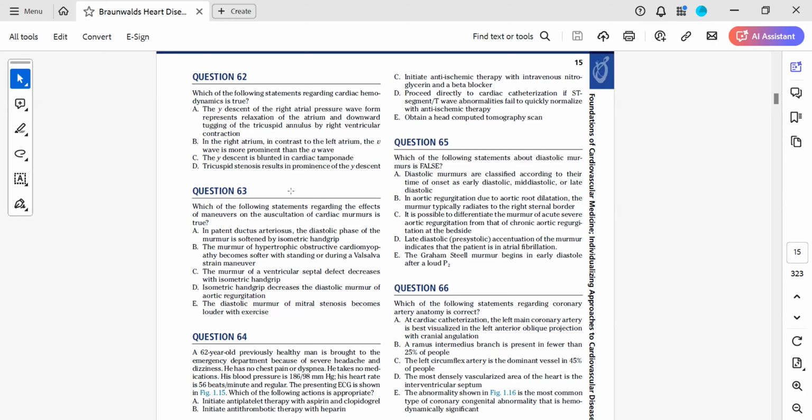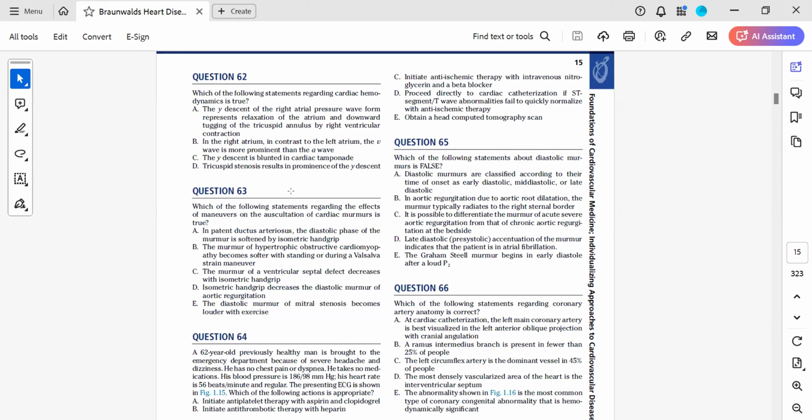Which of them is false? Graham-Steell murmur, not usually early diastole. I think the Graham-Steell murmur is mid diastolic.